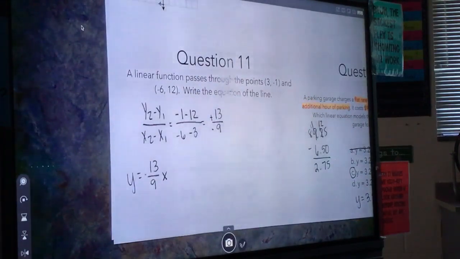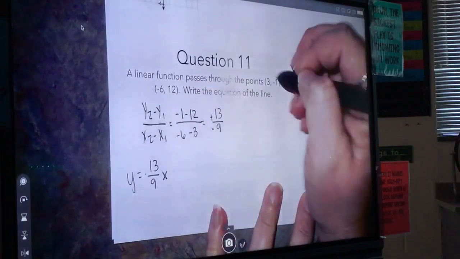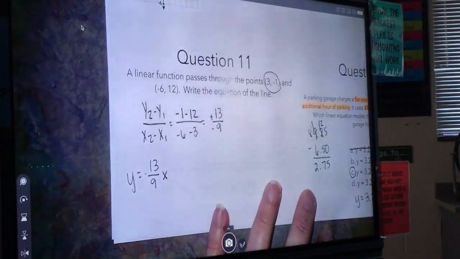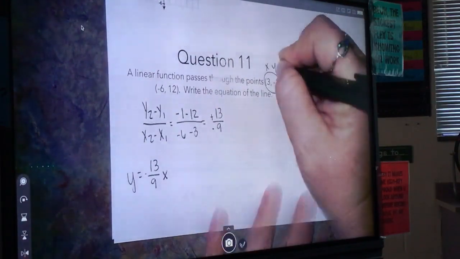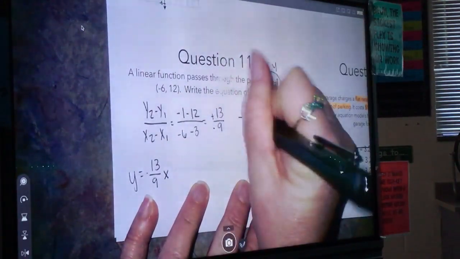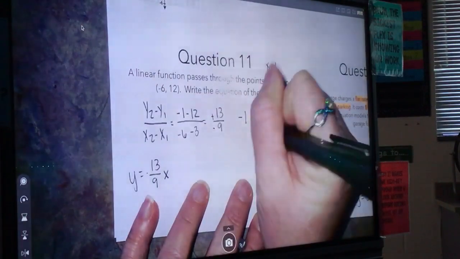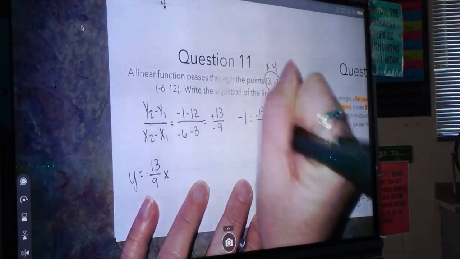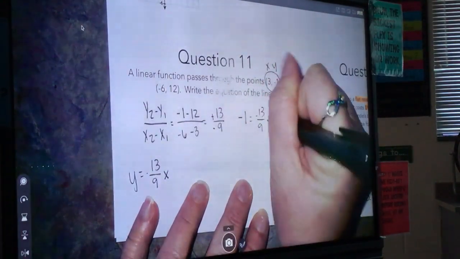Do we have a point that we can plug in? So pick this point right here, and plug it in. This is x, this is y. So I'm going to say negative 1, because this is my y, equals negative 13 over 9 times 3.